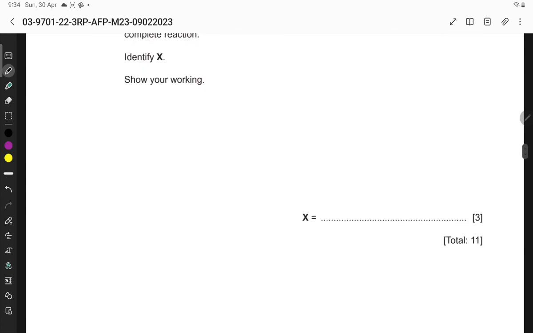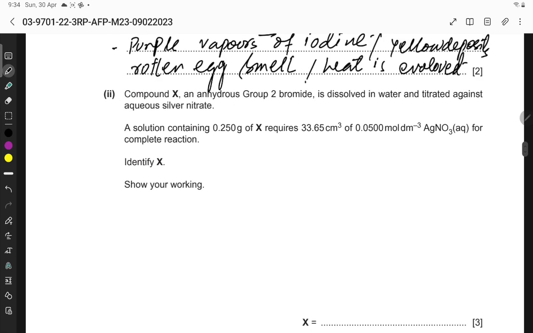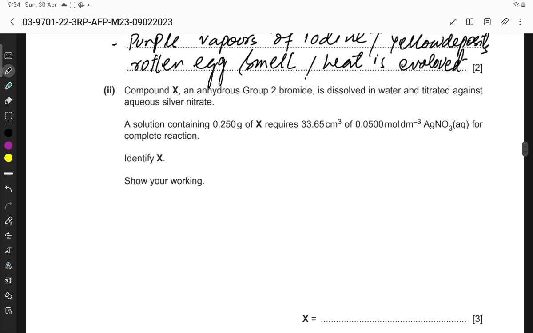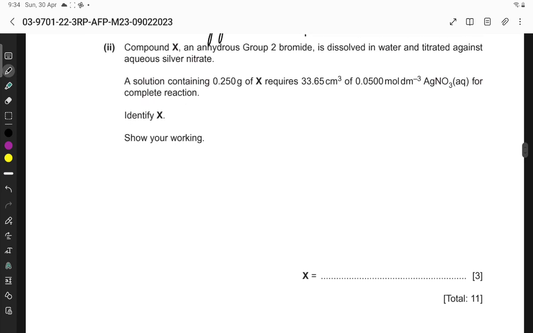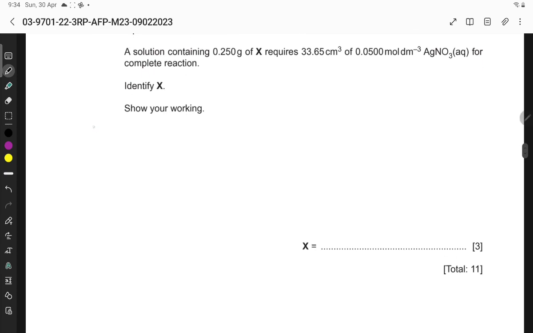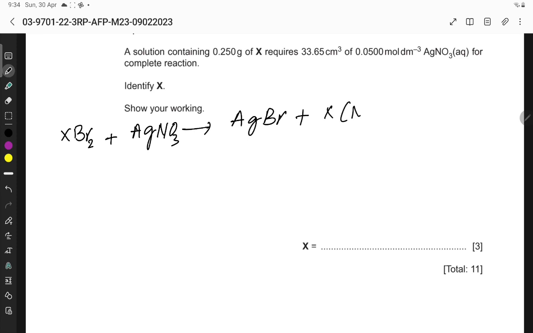Identify X. XBr2 plus silver nitrate forms silver bromide plus X(NO3)2.